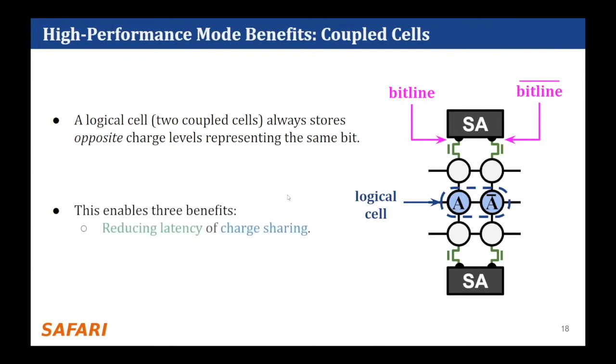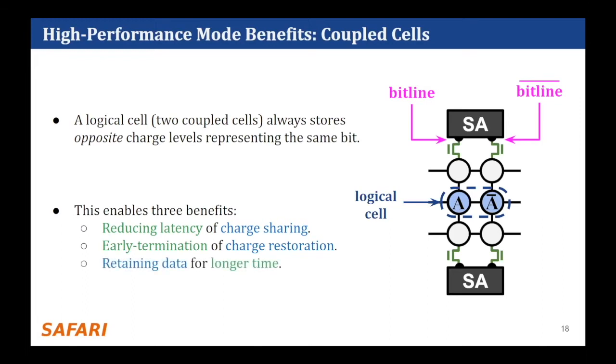This property of a logical cell enables three benefits. First, it reduces the latency of charge sharing. Second, it enables the early termination of the charge restoration process. Third, it enables retaining the data stored in the logical cell for a longer period of time.